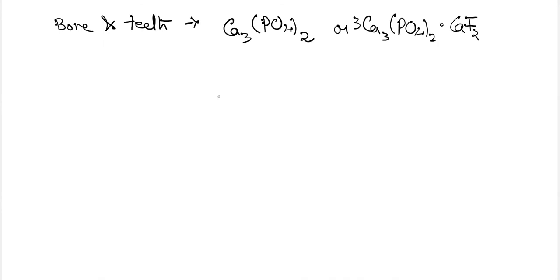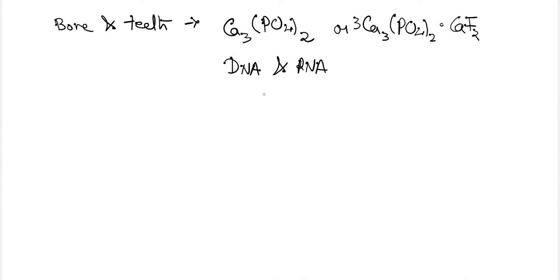It also occurs in nucleic acids, that is DNA and RNA, which control heredity in human beings. You know that for heredity it is very important.